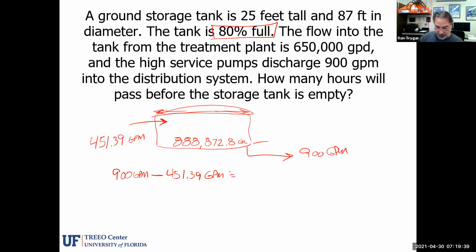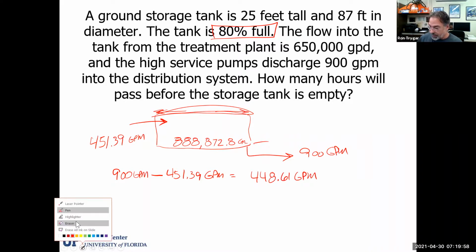Let's see, we got 900, subtract 451.39, and I've got a true flow out of the tank of 448.61 gallons per minute. That's really what's flowing out of the tank.